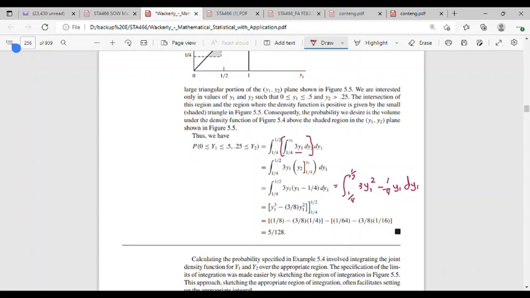Okay, and then integrate this function with respect to y1. So you will get this. You will get 3y1 power of 3 divided by 3 minus y1 square divided by 2.